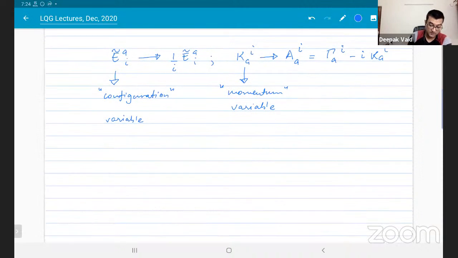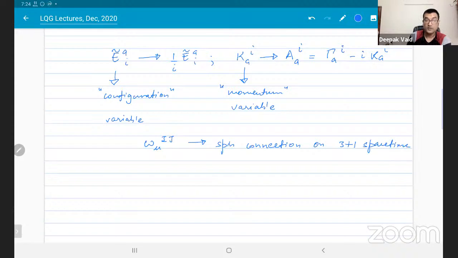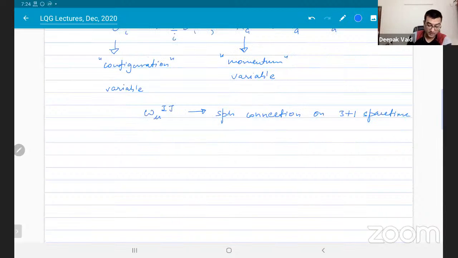So you remember that we had a spin connection on the 3+1 spacetime, right? And we had a tetrad.